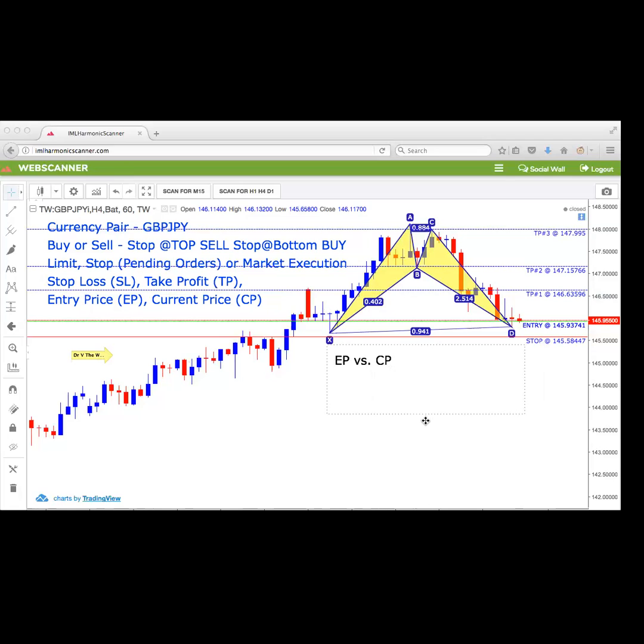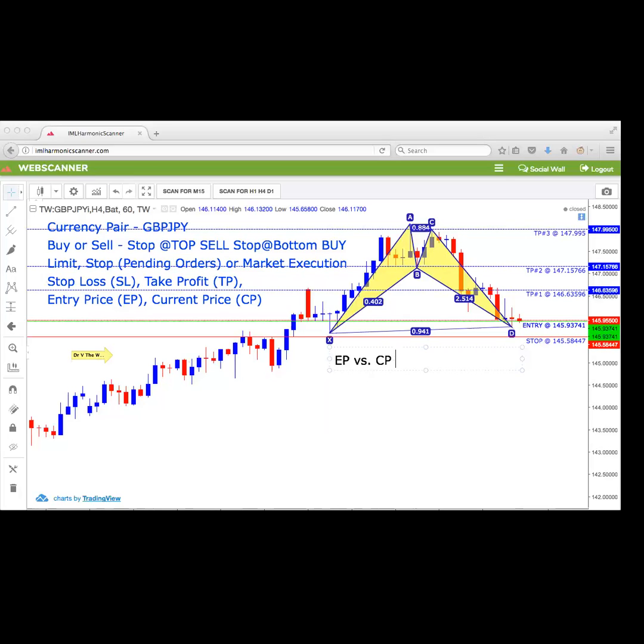Now, remember, right now it's not changing because the market is closed. So we're doing the entry price versus the current price.